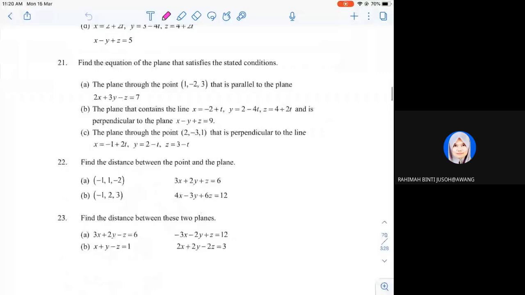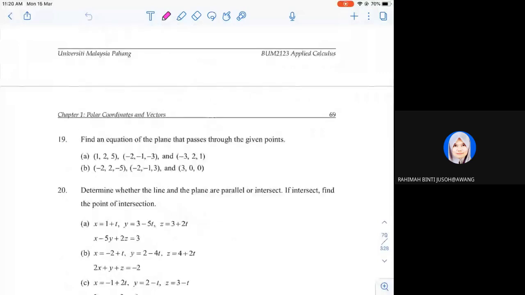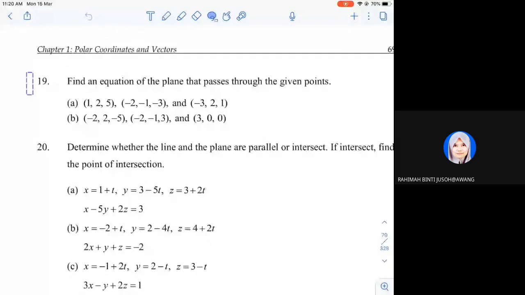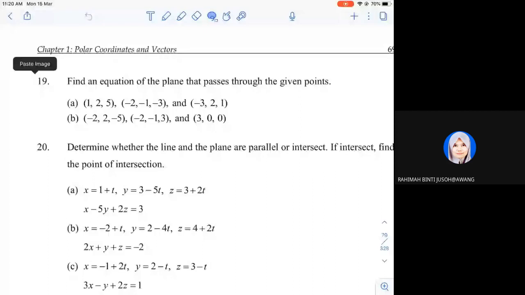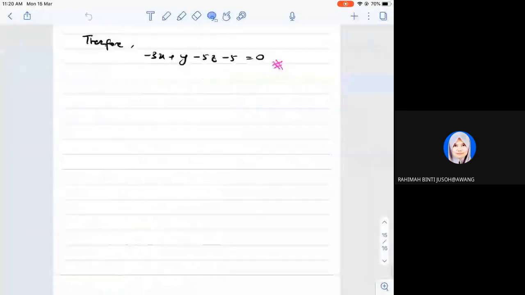Do you want 19A or 19B? 19A, 19B looks easy. Let's take 19A. Passing through 3 points.